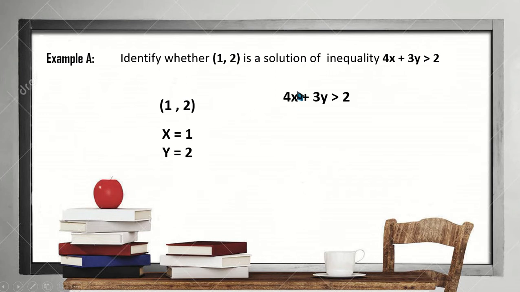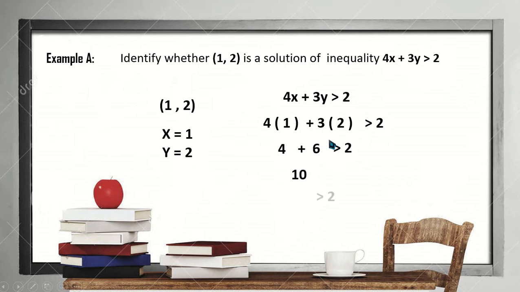So palitan natin to ng 1. So we have 4 times 1 plus, eto naman papalitan natin ng 2. So 3 times 2. Then copyhin natin ito. And then simplify. 4 times 1, we have 4. 3 times 2, we have 6. So add natin.